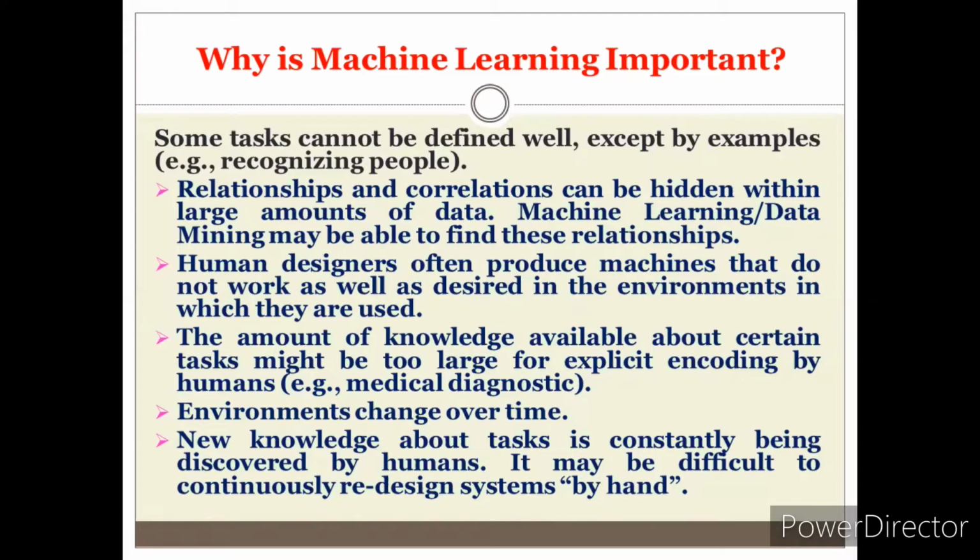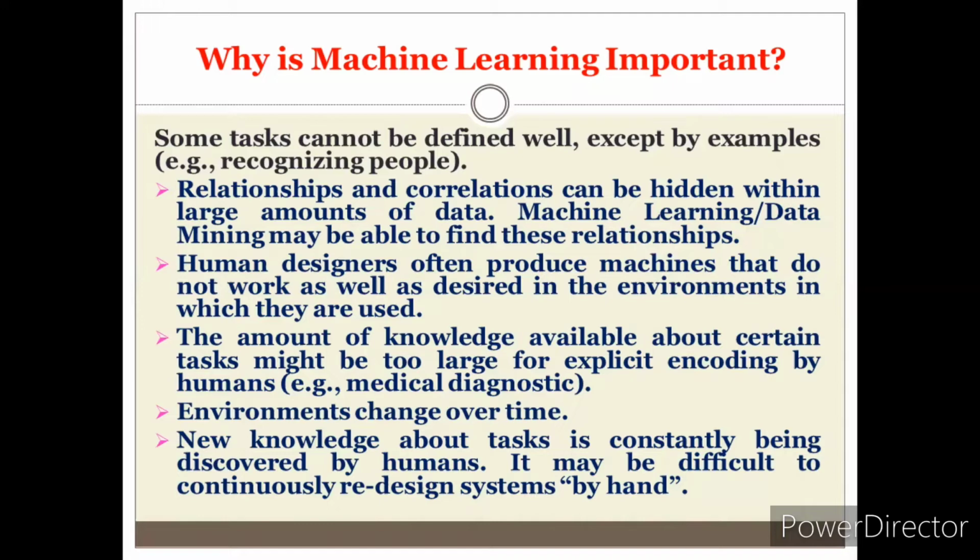The environment changes over time, as we can see from climatic changes, and new knowledge about tasks is constantly being discovered by humans. As new technologies have been introduced, the understanding about that knowledge, or the task done by humans, should be given to the machines.